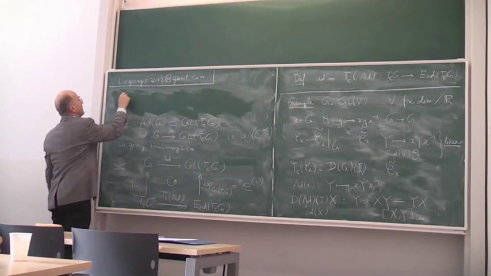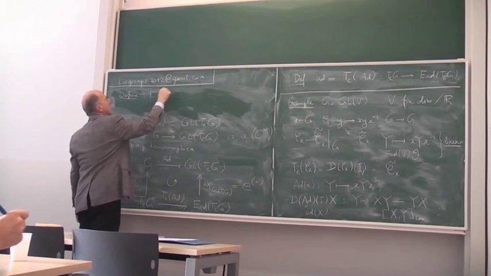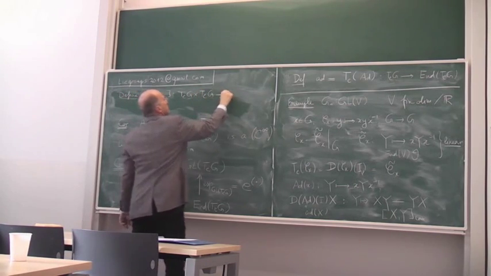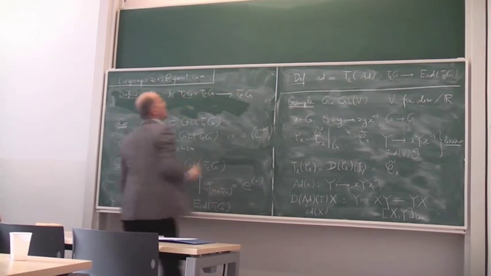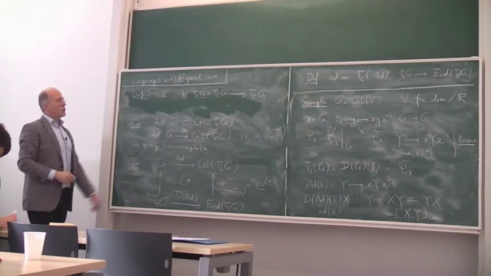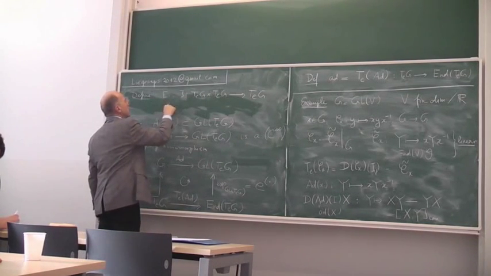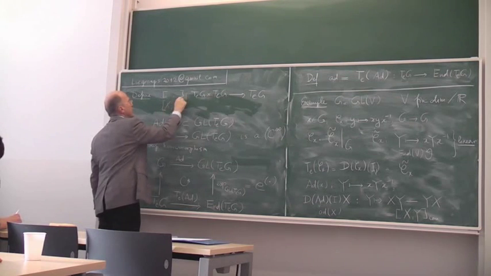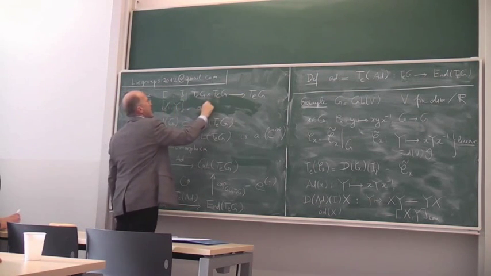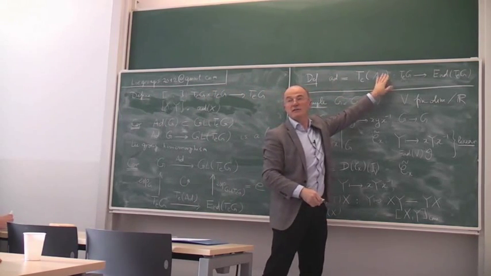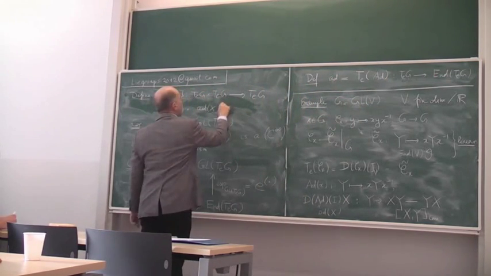So define the bracket structure from here. The bracket structure on the tangent space by X comma Y, brackets of X comma Y is ad X, defined in general in this fashion, and then applied to Y.